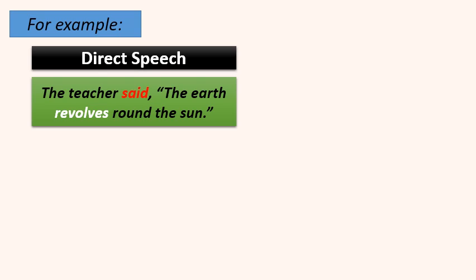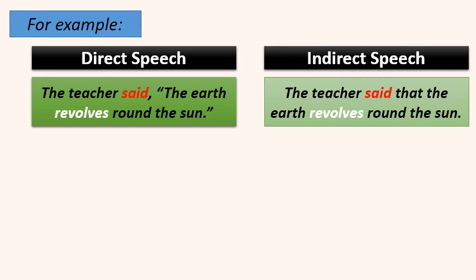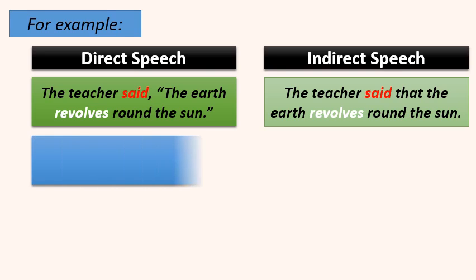In that case, revolves is representing here that it is simple present tense, so the simple present tense does not change into the corresponding simple past tense and remains unchanged. So when we convert it into indirect speech, the sentence will be, the teacher said that the earth revolves round the sun.